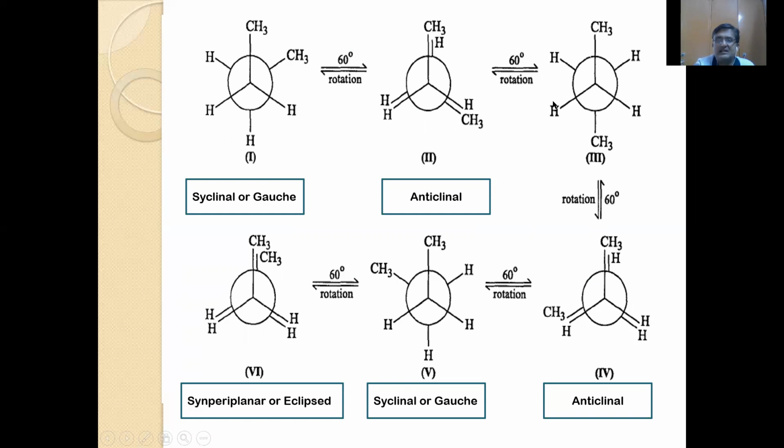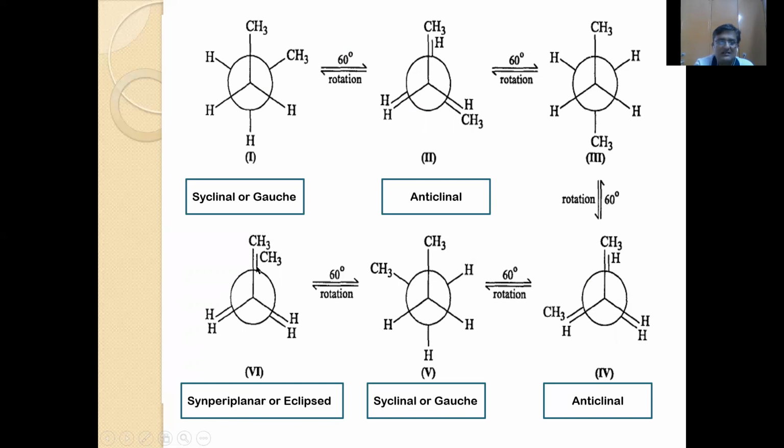Here you will find another 60-degree rotation, and they are exactly opposite: the anti conformation. With a further 60-degree rotation, it is the same, only right and left sides are swapped. After another 60 degrees, you will again find the gauche conformation, and soon after this you will find syn-periplanar, or eclipsed. This is anti-periplanar, this is syn-periplanar.